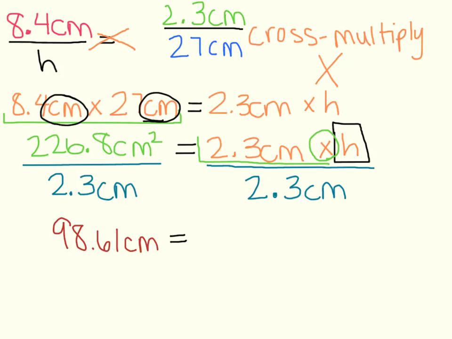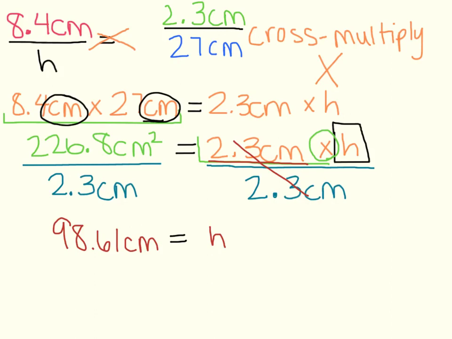Take a look at the other side of our equation. We have 2.3 centimeters divided by 2.3 centimeters. What do you get when you take 2.3 divided by 2.3? You get 1. That leaves us with 1h, which is the same as h.